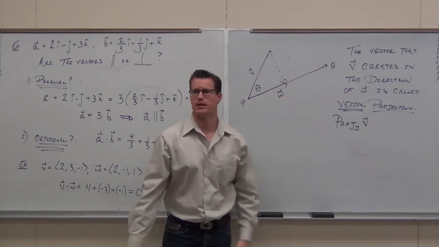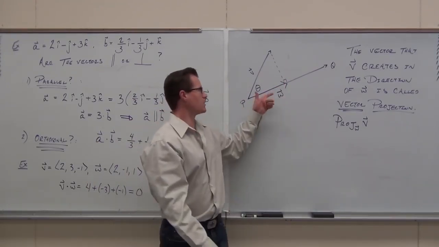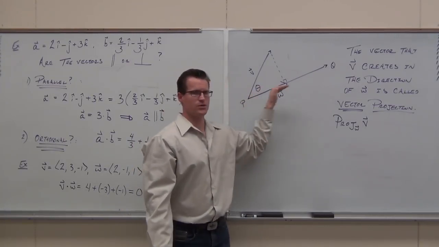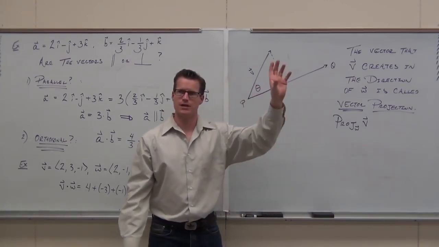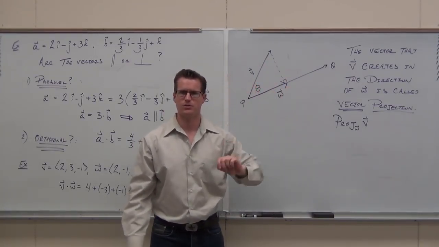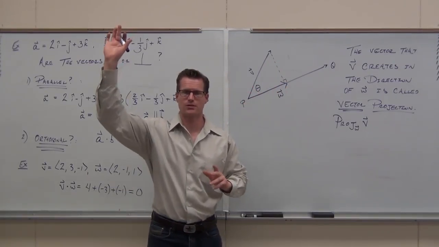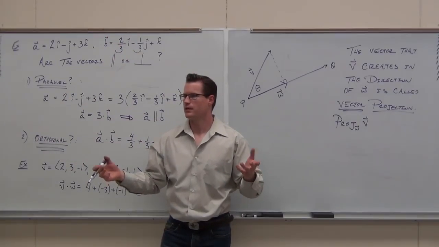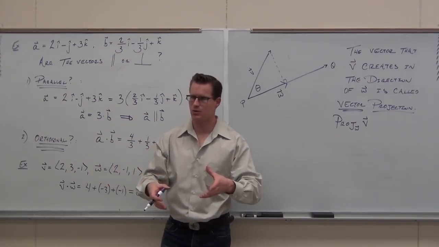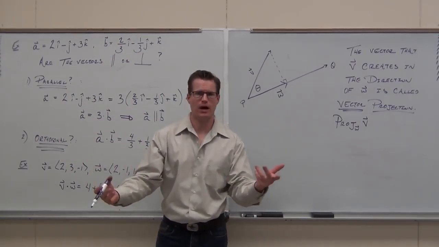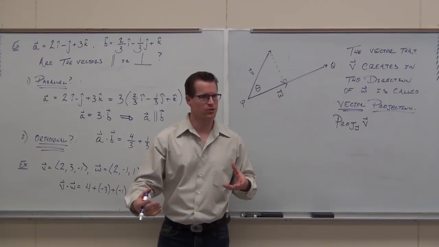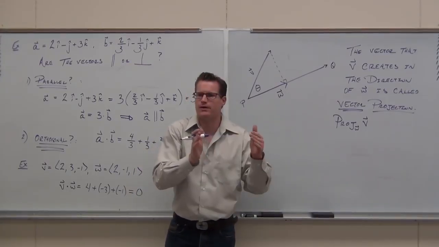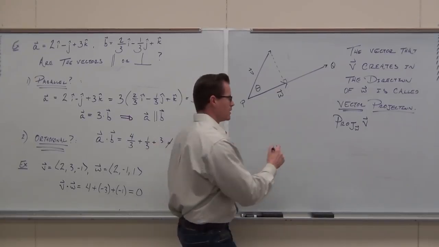It's not going to be the whole length of W. It's not going to be all the way from P to Q. It's just going in that direction. That's the projection of V onto W. Show of hands if you feel okay with that one. It's a vector. Now, every vector has a magnitude. The magnitude is what we call scalar projection, or component projection. It's just the part of it that's going in the W direction.